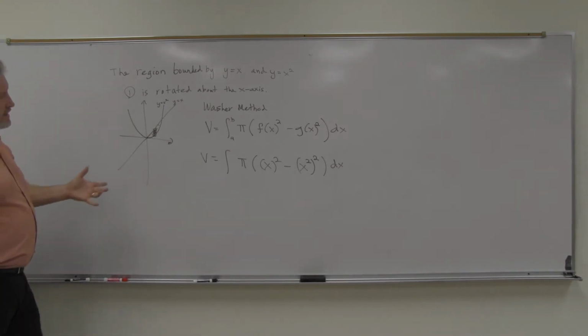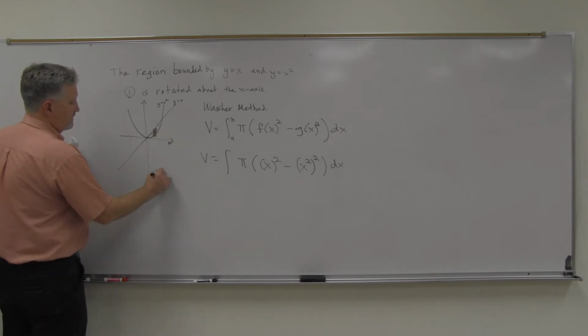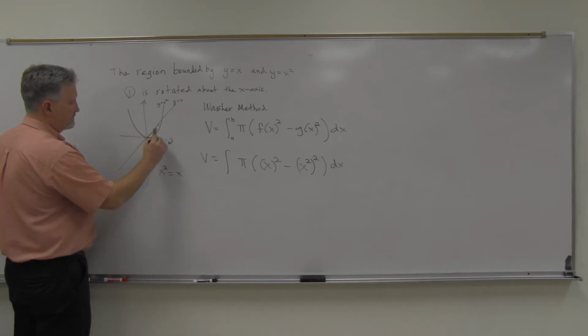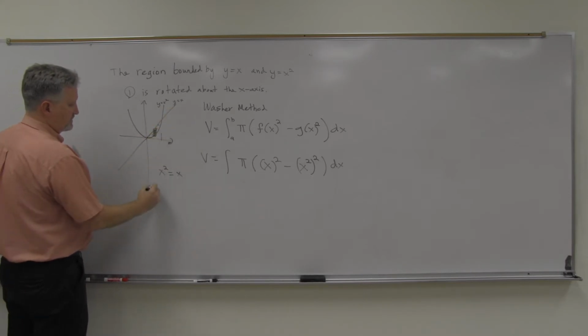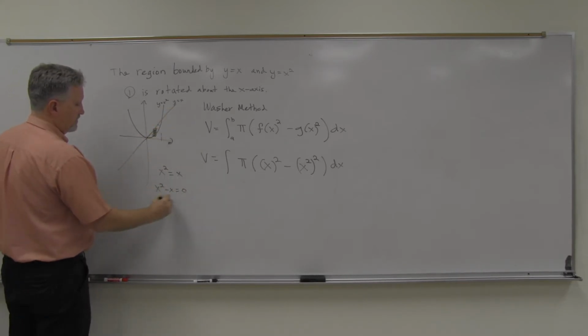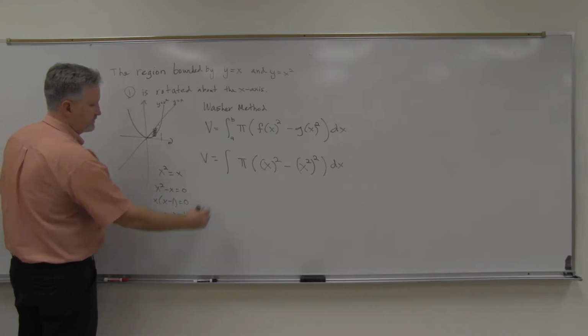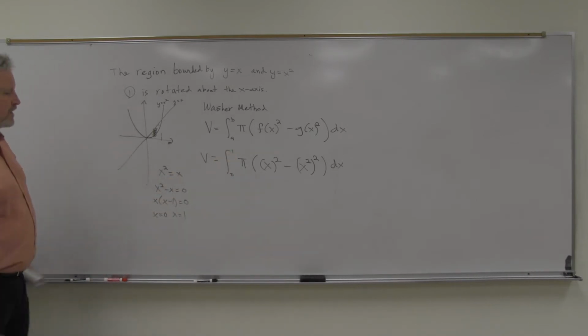The limits, probably fairly obvious, but just to confirm, to get where these two intersect, set them equal. x squared equals x, so x squared minus x equals 0. Factoring out an x, x times x minus 1, so x equals 0 and x equals 1. So 0 and 1 are my limits.